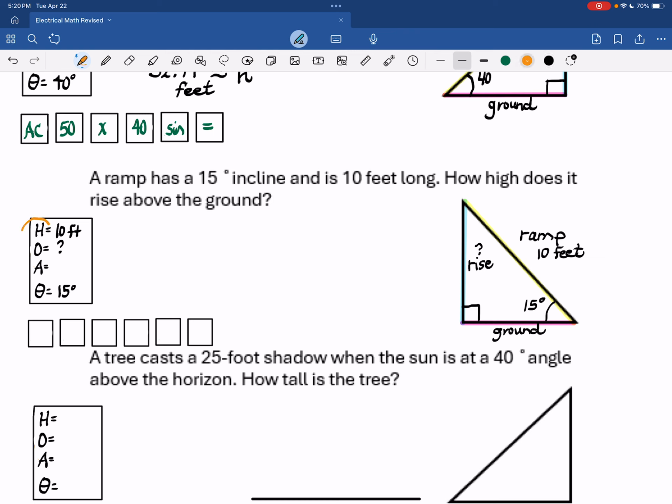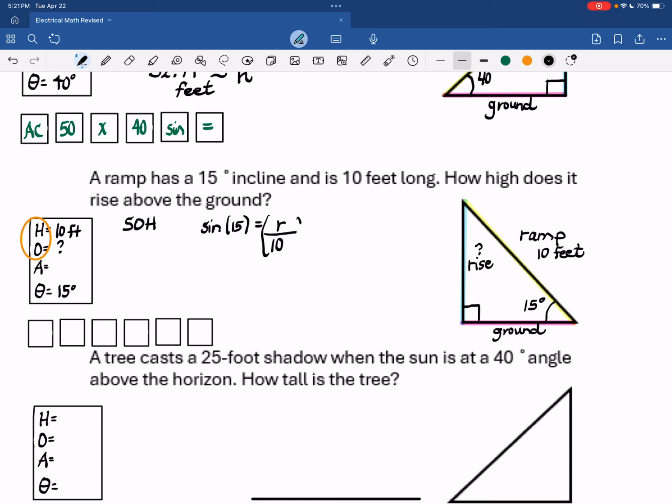So hopefully you're starting to be able to identify which ratio you need. It's going to be sine of 15. O comes before H in the ratio, so opposite, that's the unknown. We're calling that rise, over hypotenuse.